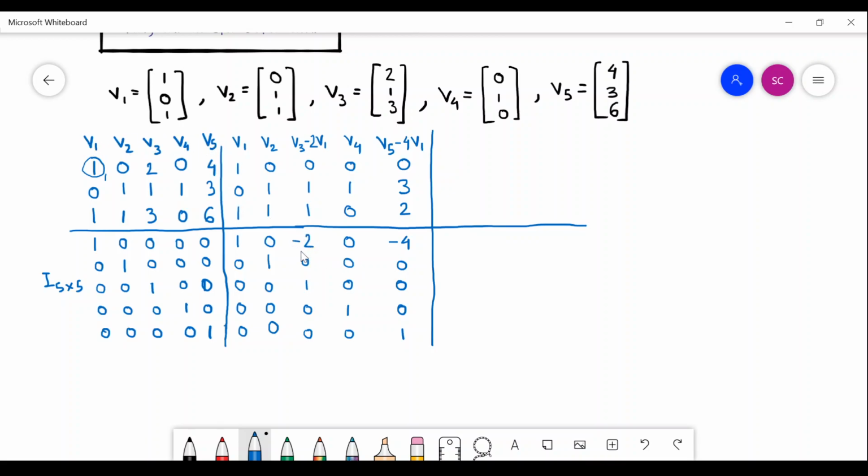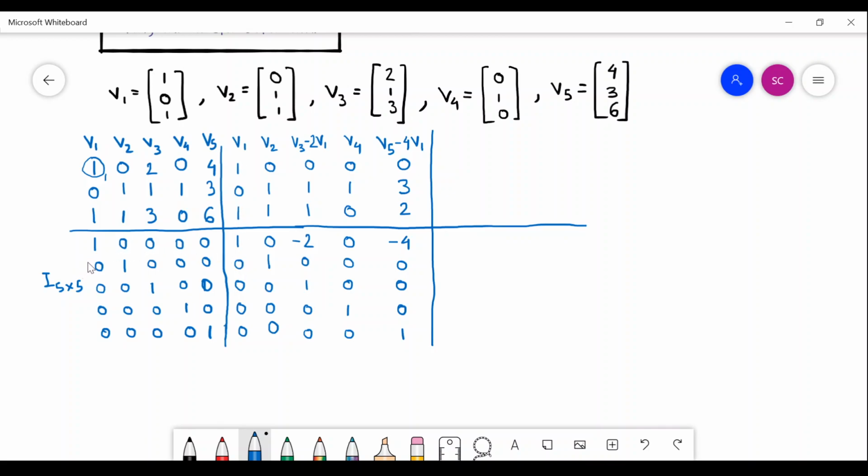So that is a scaling of these vectors, and you can simply read this, whatever I have written here, v3 minus 2 v1, this you can read from here, v3 minus 2 v1. Similarly here, v5 minus 4 v1. What about this? Only v4. Here only v2, here only v1.